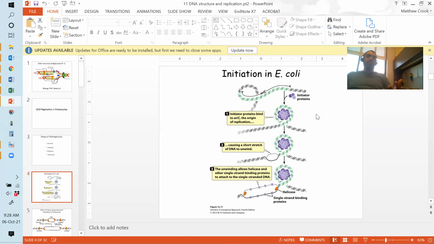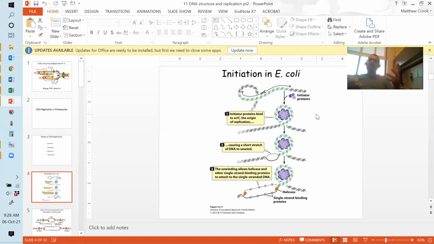And again, this is why it matters to have that AT-rich sequence, because it takes a lot less force or energy to break 2 bonds per base than it does 3. Right? And so once you have that, it's actually called a lesion, right? It's like where DNA is split apart.